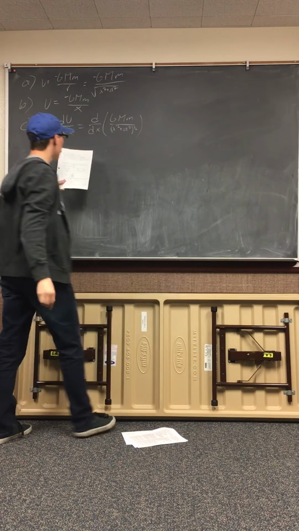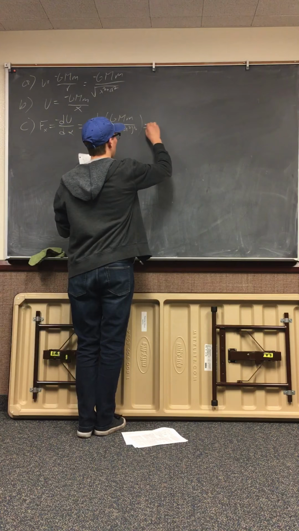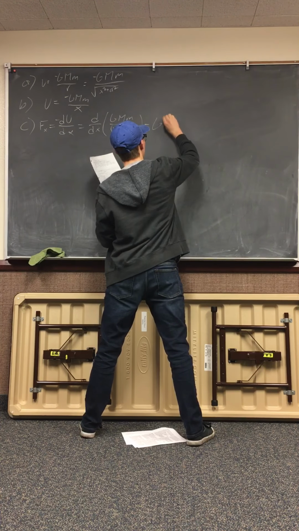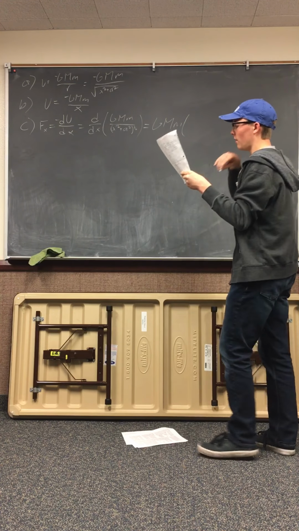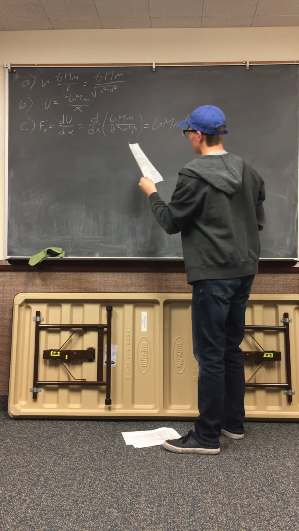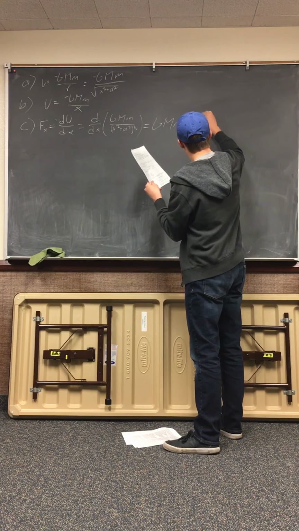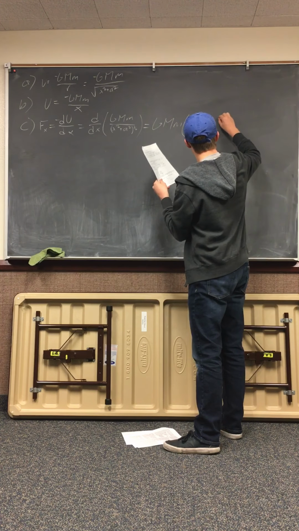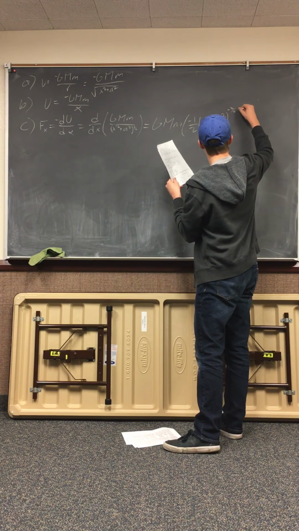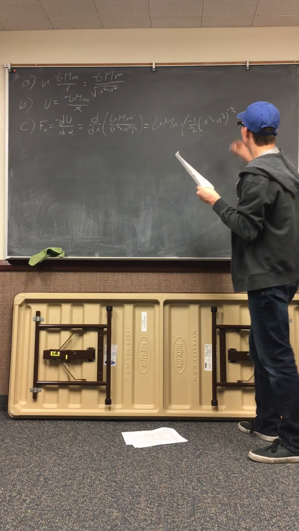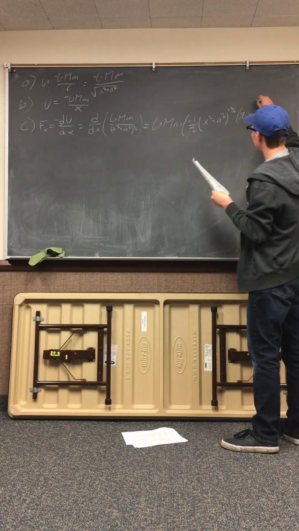The GMm can come out, and the derivative of the inside part becomes negative 1/2 (x squared plus a squared) to the negative 3/2 times 2x. So the 2 and the 1/2 cancel.